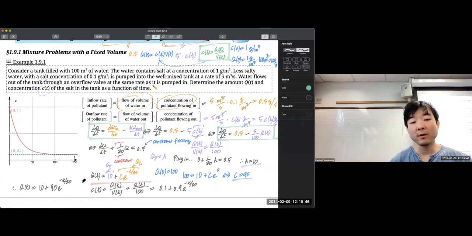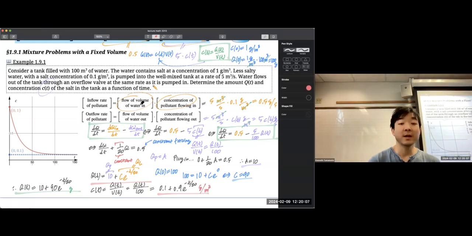This Q would be in grams. That's amount of salt as a function of time. And then this would be your concentration, and that would be the Q, which is measured in grams, divided by the 100, which was measured in cubic meters. And that's the concentration as a function of time.